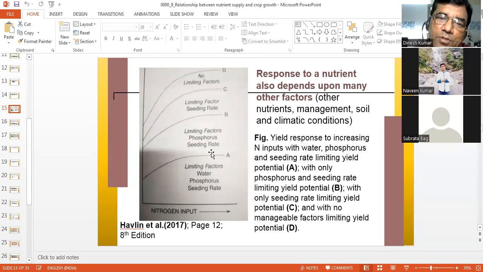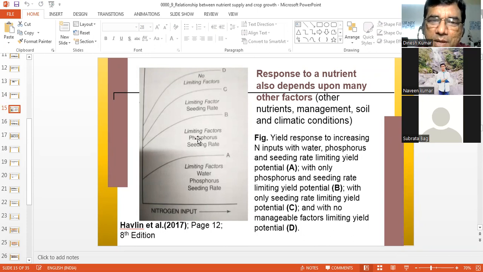So because of water, this much of change is there. So the nitrogen is also responding to this.